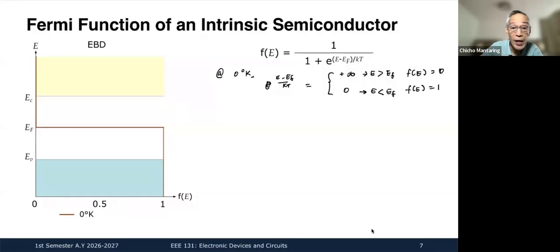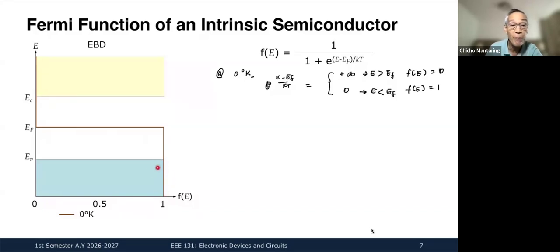Where do we have energy states? We have energy states here in the valence band, and we have energy states here in the conduction band. So notice that all the energy states in the valence band will have a 100% probability that they are occupied.